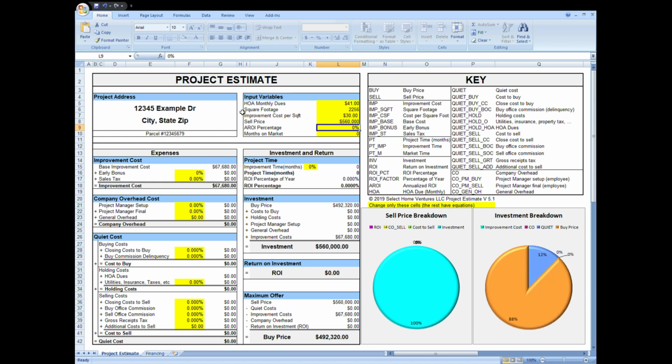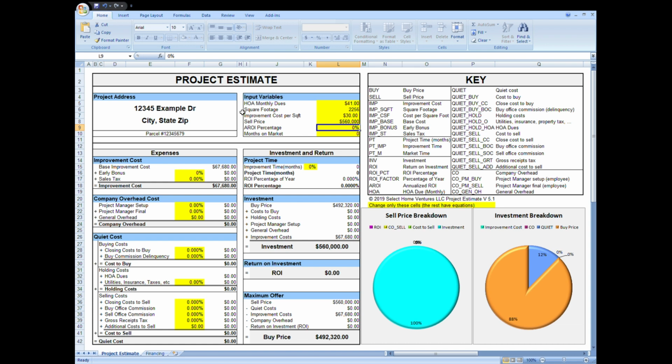The next input is AROI percentage. This is the annual return on investment percentage that you require to work the project. This part can get a little confusing. First, for right now, let's assume a simplified project that will take exactly 1 year. Imagine the whole project needs $500,000 of investment.